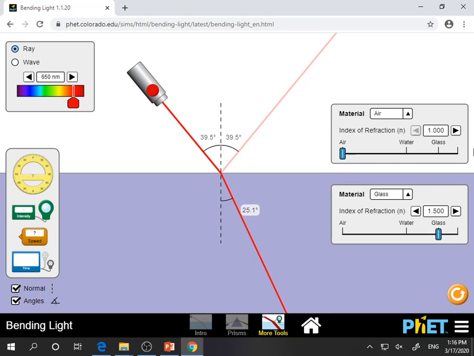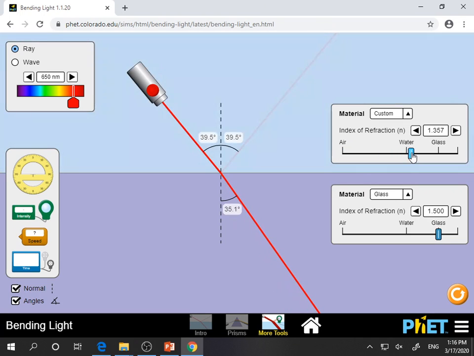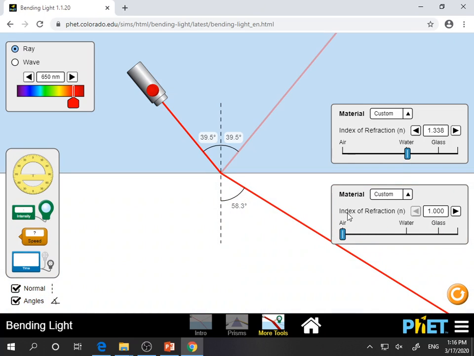So far so good. Now if we change the medium, if we take for example water and air, the light now will travel from a medium with higher index to a medium of lower index of refraction.